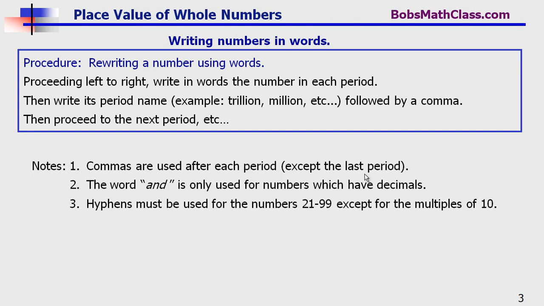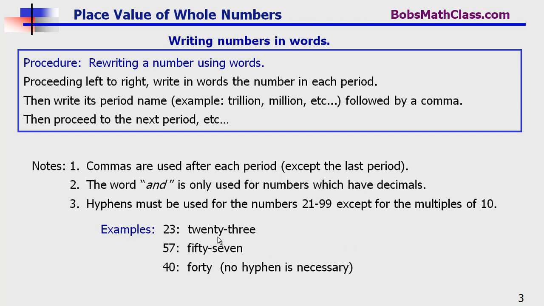And the third note here: hyphens must be used for numbers 21 through 99, except for the multiples of 10. So here are some examples of numbers with hyphens. 23: between the 20 and the 3, you have to have this little hyphen. If you don't have the hyphen, it could be marked incorrectly on an exam. 57: again, a hyphen between the 50 and the 7.